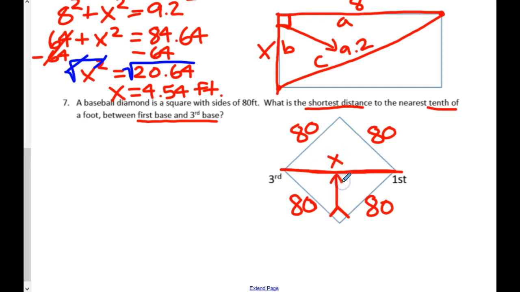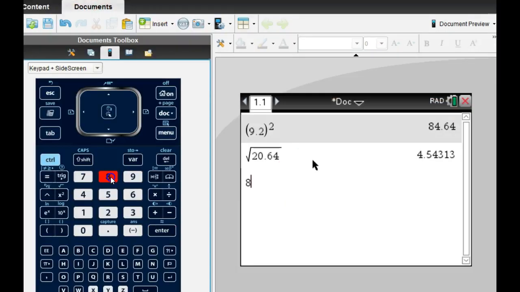Across from the 90 is C, and then A and B. So we do the Pythagorean theorem again. 80 squared plus 80 squared equals x squared. I know both my legs, and I do not know my hypotenuse from first to third base. So 80 squared plus 80 squared, I could do that in one step, because those are going to be added together.